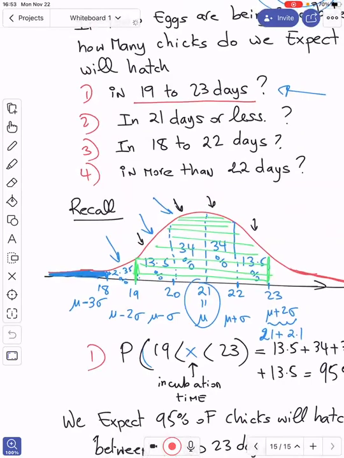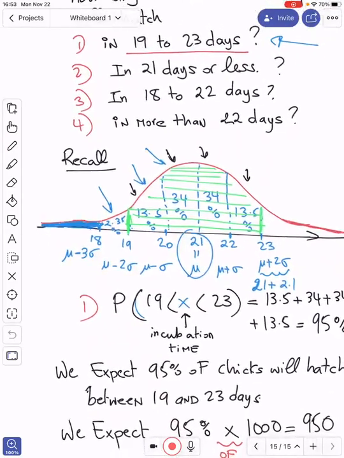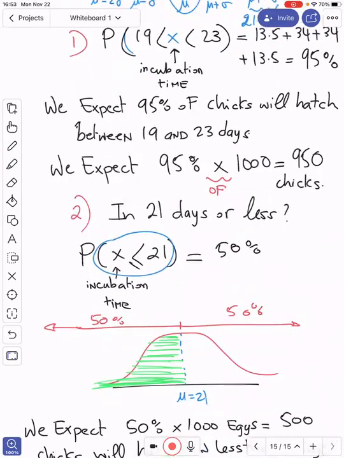Now, 18 to 22. All right. From the graph here, here's 18, and here is 22. So I need the region between 18 and 22. Let me use a different graph.